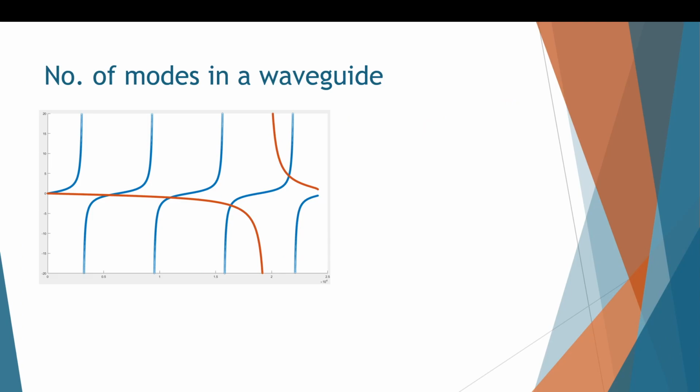So we can do all this analysis to find out the number of modes in a waveguide, but is there an easier way to predict how many modes will be present? If you remember, this was the plot, and we plotted it till kappa max. Now look at these tan functions. The tan will explode to infinity at tan x equal to pi by 2, at 3 pi by 2.